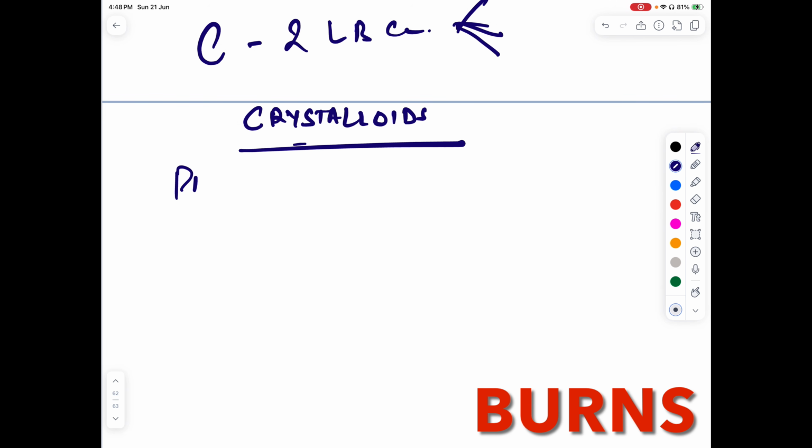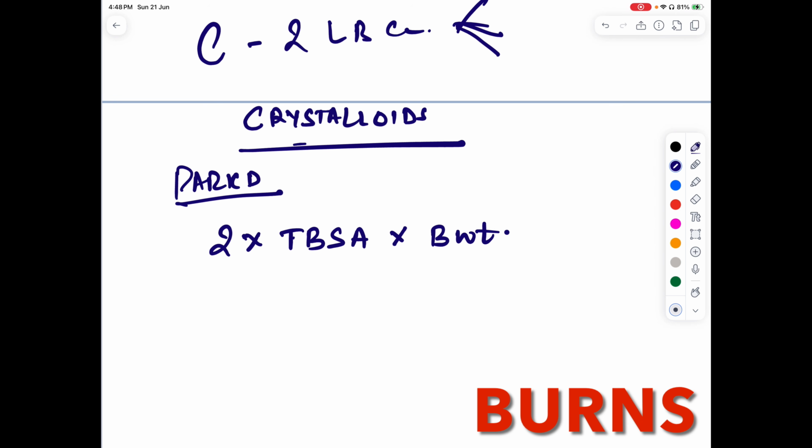So the Parkland formula that you have to use is 2 into total burn surface area into body weight.